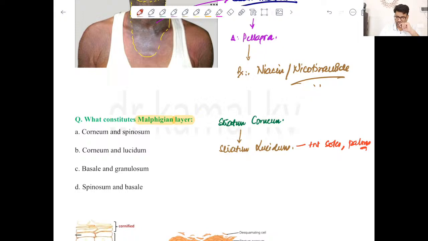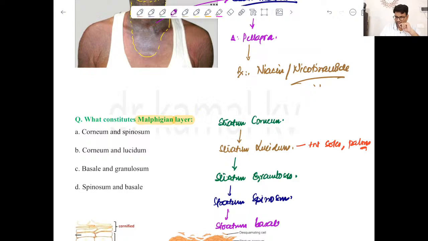Then further deeper is stratum granulosum, then even deeper is stratum spinosum, and the deepest is stratum basale. So these are the 5 layers going from outward to inward.